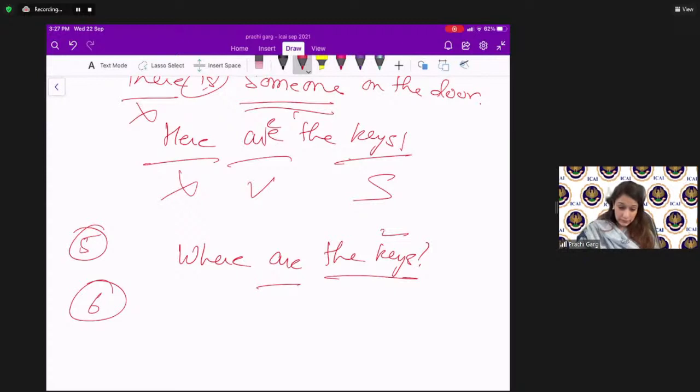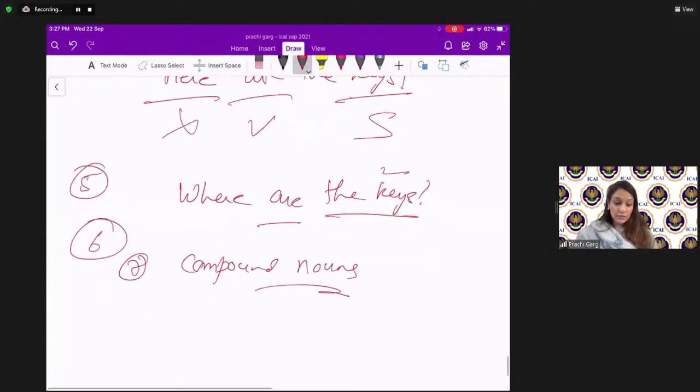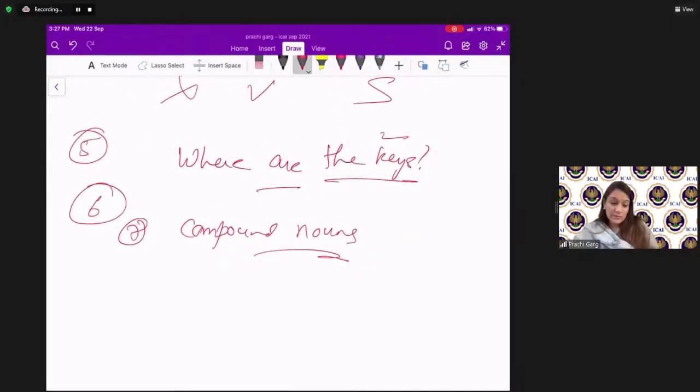The verb is singular if two subjects separated by an and refer to the same person or thing as a whole. So in this seventh rule, we are talking about compound nouns, the words that come together, like rajma chawal, red beans and rice, is my mom's favorite dish, because we do not say rajma and chawal different from each other, right? Whenever we say rajma chawal, we are talking about one dish.